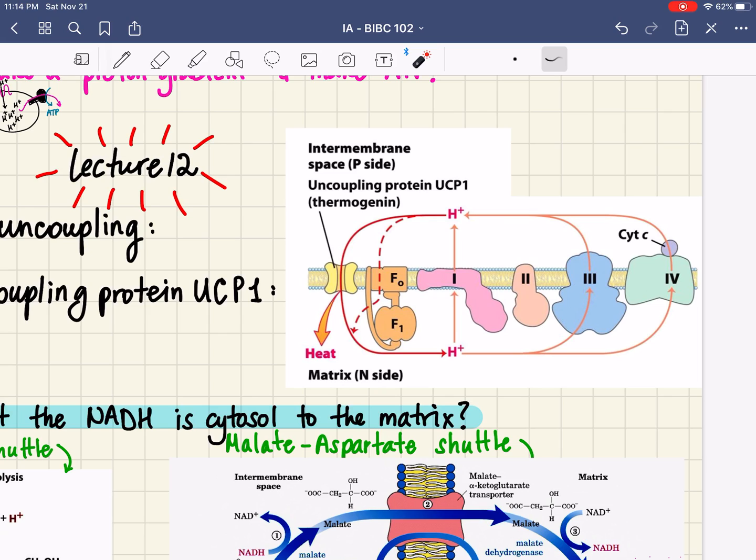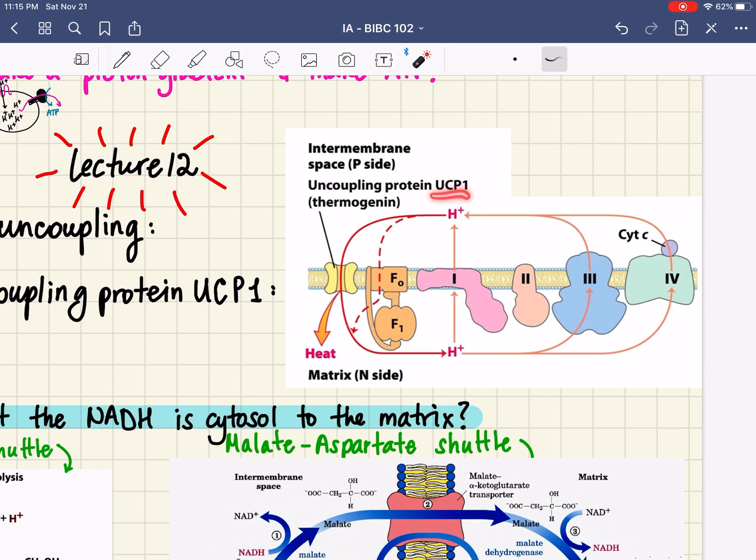Okay? However, if we have weak organic acids, then the acid plus proton will flow in here, and there will be less actual protons going through here. Okay, so that's what organic weak acids do.